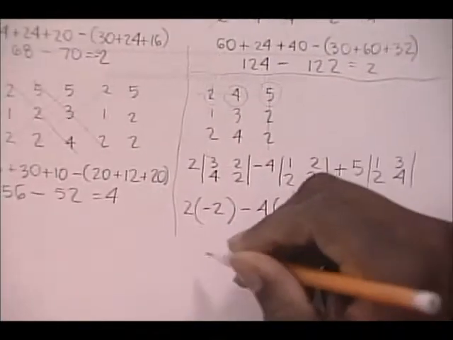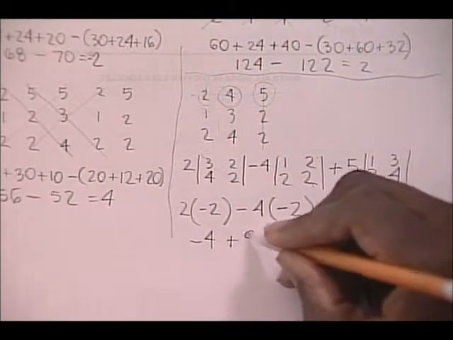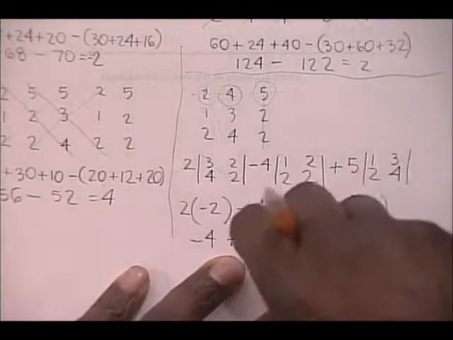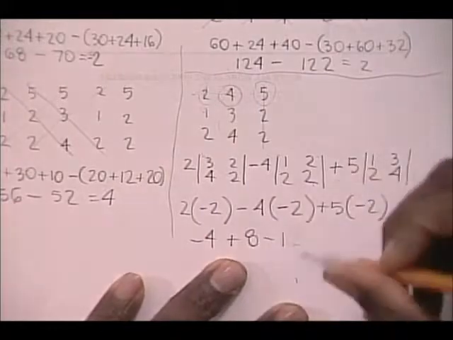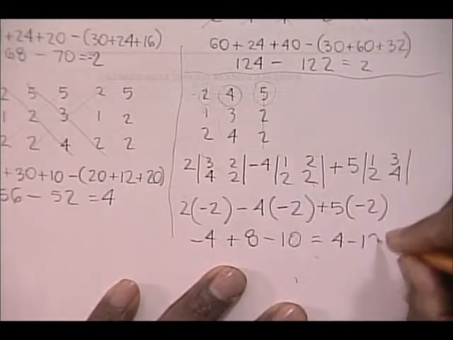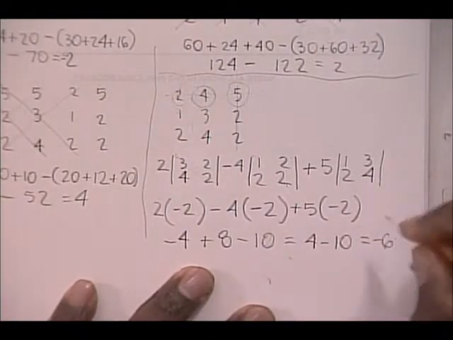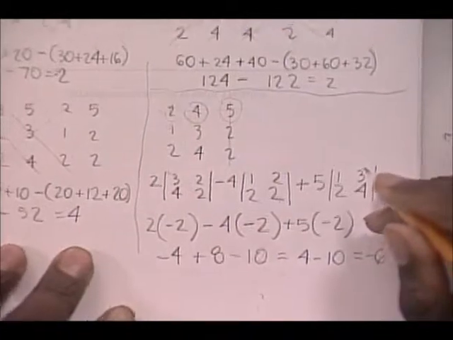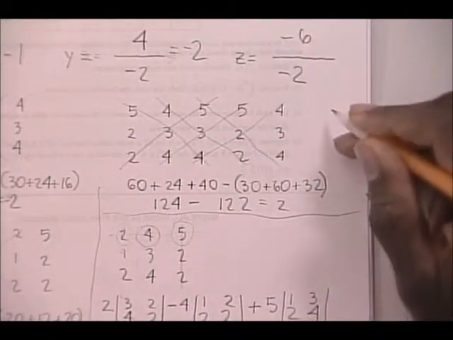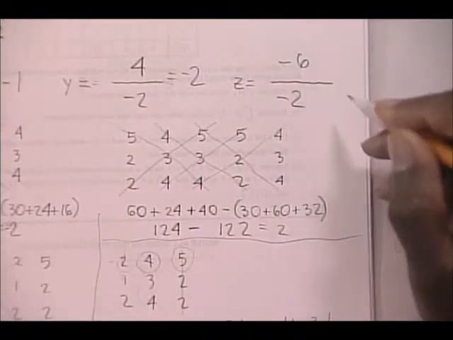So you end up with negative 4 plus 8 minus 10, and you end up with 4 minus 10, which is a determinant of negative 6. So you'd put a negative 6 here for Z, and then your final answer there would be 3.